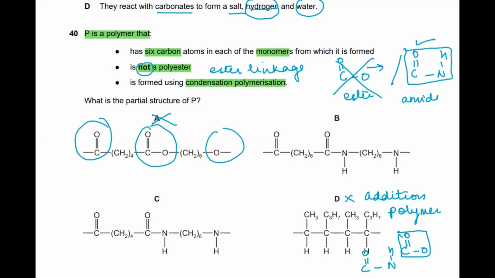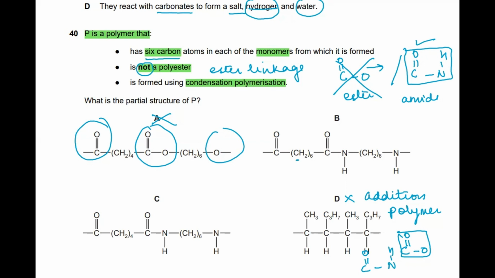Now we have to look for the amide linkage. Yes, here we have an amide linkage. This is correct. Here again we have an amide linkage. This is also correct. So it can be either B or C. But now we also have to check, does the monomer have 6 carbons in it? So let's check it out.